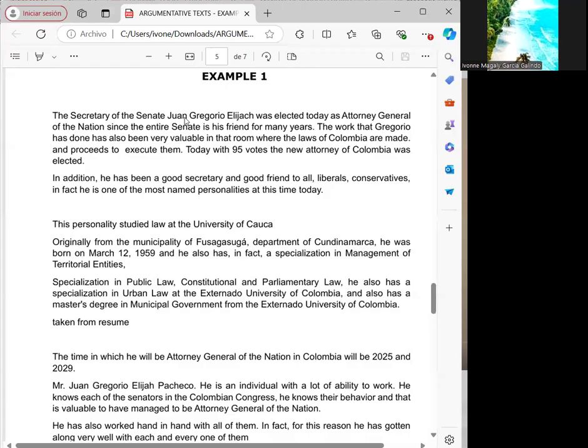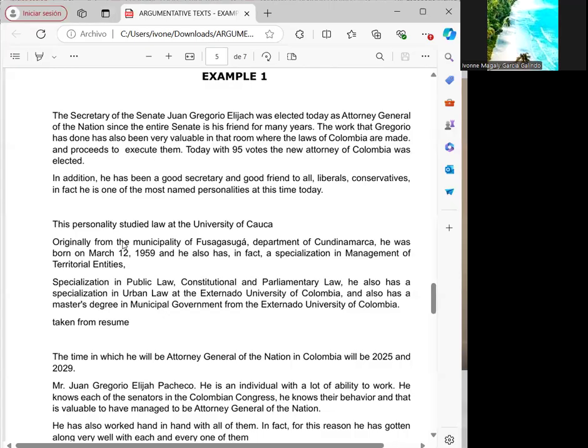point of view. Then she follows saying that this personality studied law at the University of Cauca, originally from the municipality of Fusagasugá, Department of Cundinamarca. He was born on March 12, 1959, and he also has, in fact, a specialization in management of territorial entities.